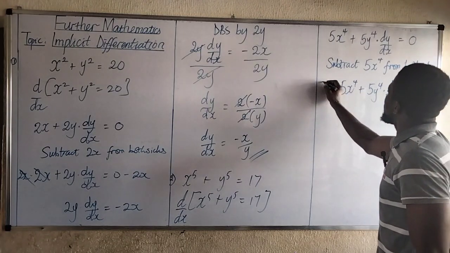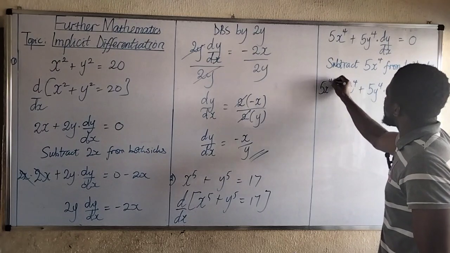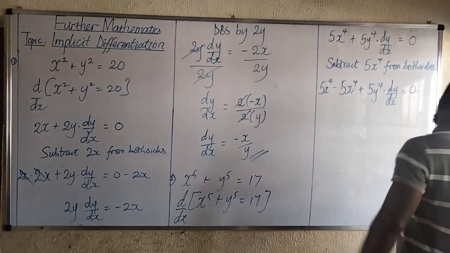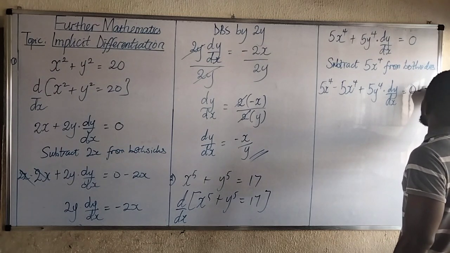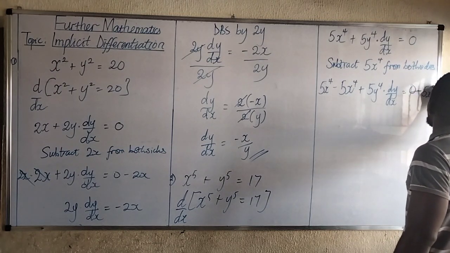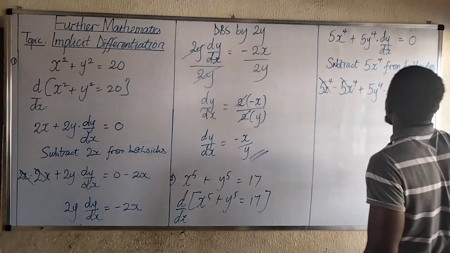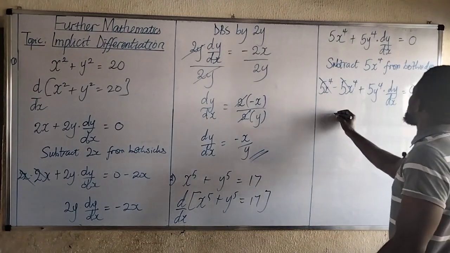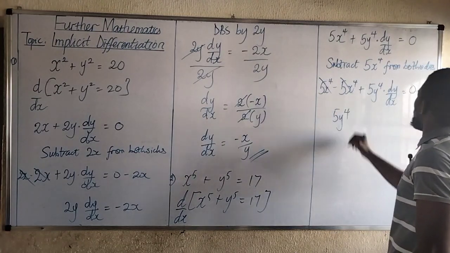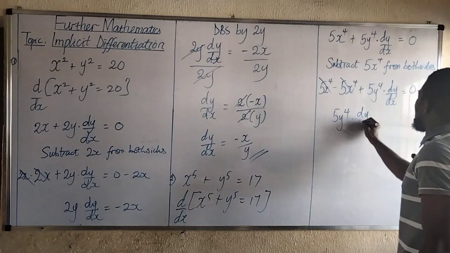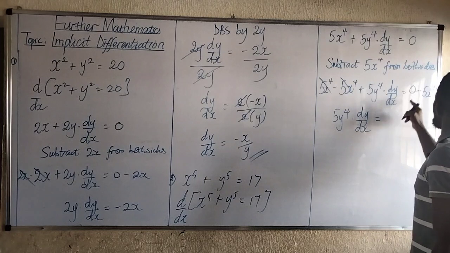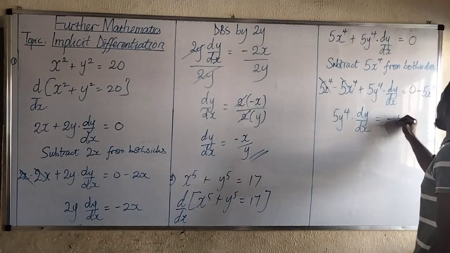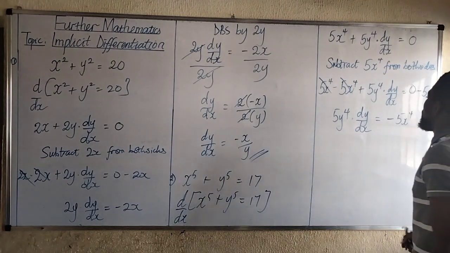Subtract 5x raised to the power 4 from the left hand side and from the right hand side. So when this becomes 0, we are left with our 5y raised to the power 4 dy over dx, all equal to 0 minus this, which gives us negative 5x raised to the power 4.